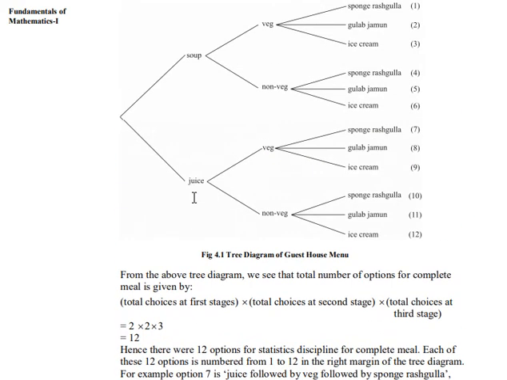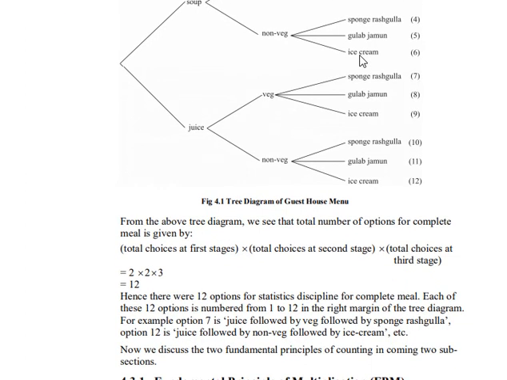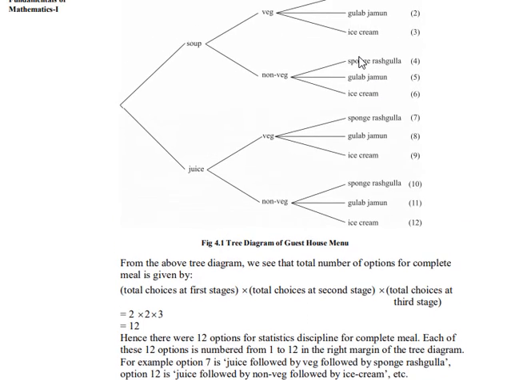Let's take one more example. You have to select a soup and a juice. So soup could be veg or non-veg. Similarly juice could be veg or non-veg, and then there are three options in all of these. Now you have to tell the number of total options that are available. So first you have juice and soup.